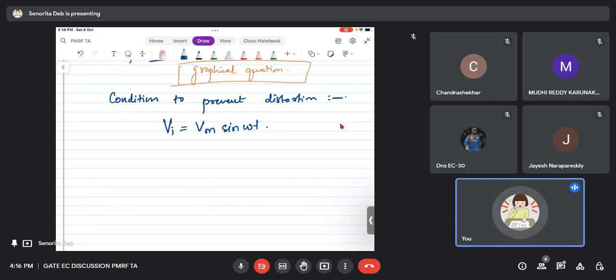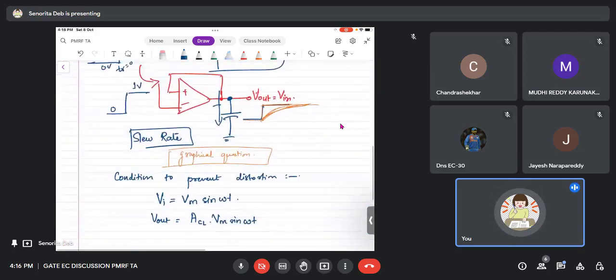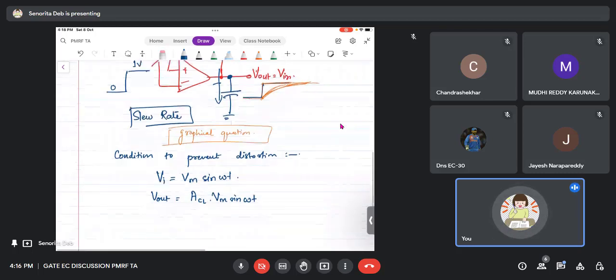And V out is the op-amp's output, which I am writing as the closed loop gain into Vi, because slew rate is not something that comes in open loop. It is something that is there in the feedback, so that's why I have taken the closed loop gain.